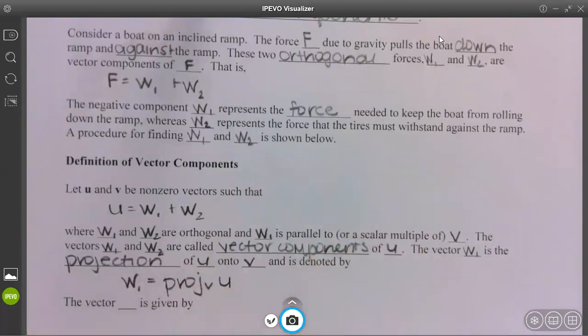So that V kind of looks like that. The vector W2 is given by W2 equals U minus W1.